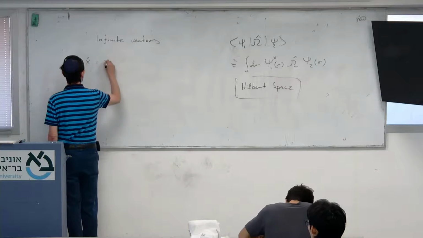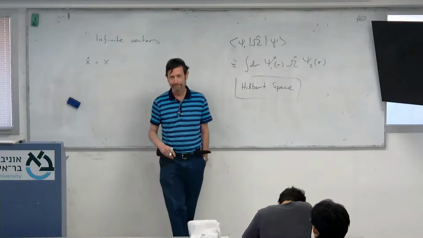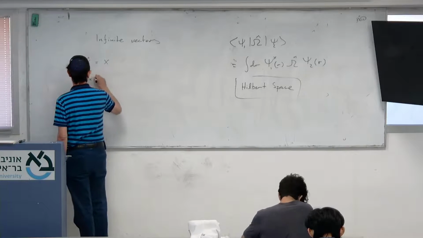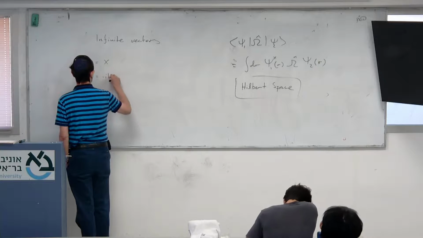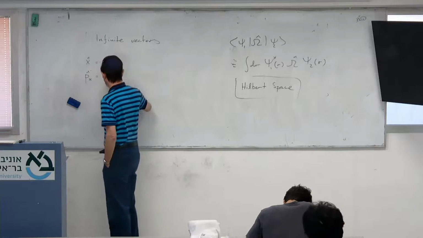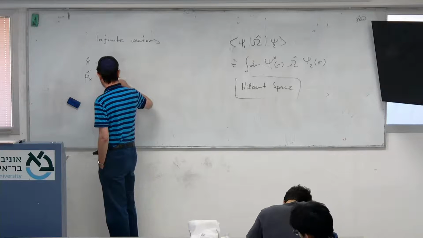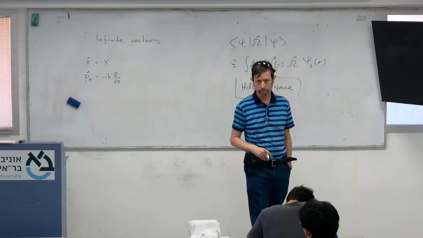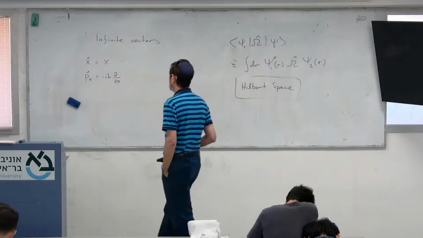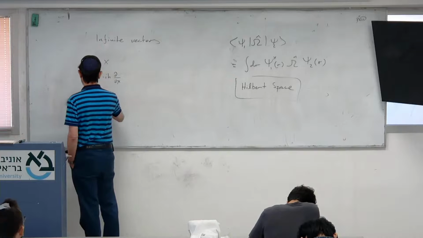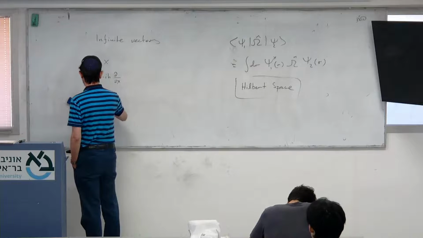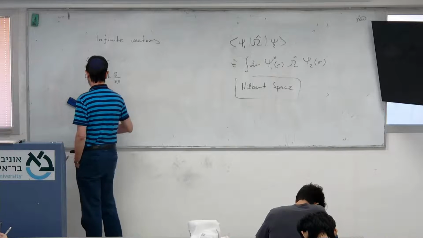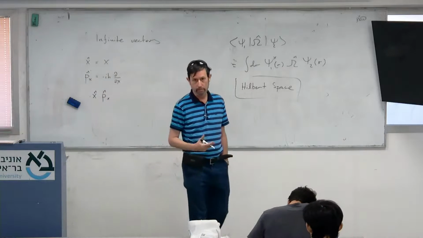One operator is X and the other operator is p_x. Let's see what is x times p_x.